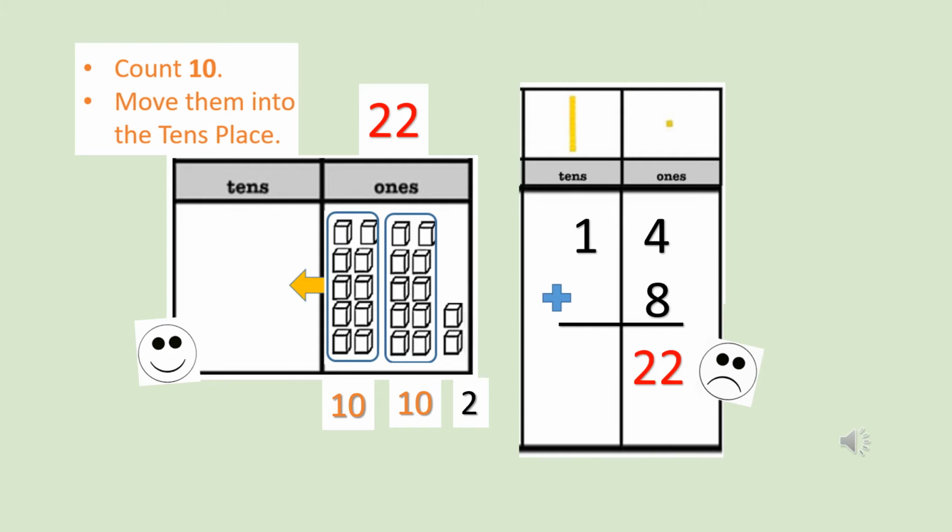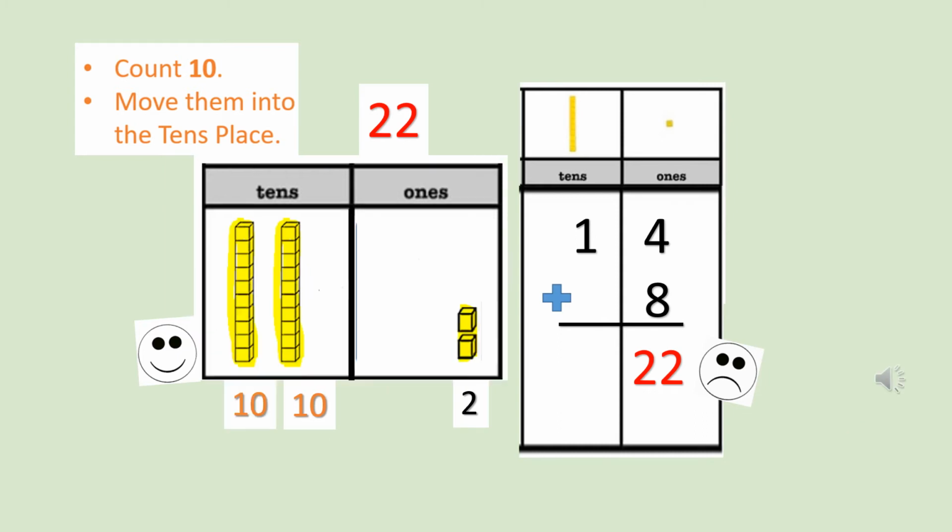Well, here you see 22 cubes in the ones place, and I've put them into groups of 10. So you have 2 groups of 10, and you have 2 ones left over. So you see sometimes you have more than one group of 10 that needs to move into the tens place. And here you can see we have 2 groups of 10 that need to go into the tens place.